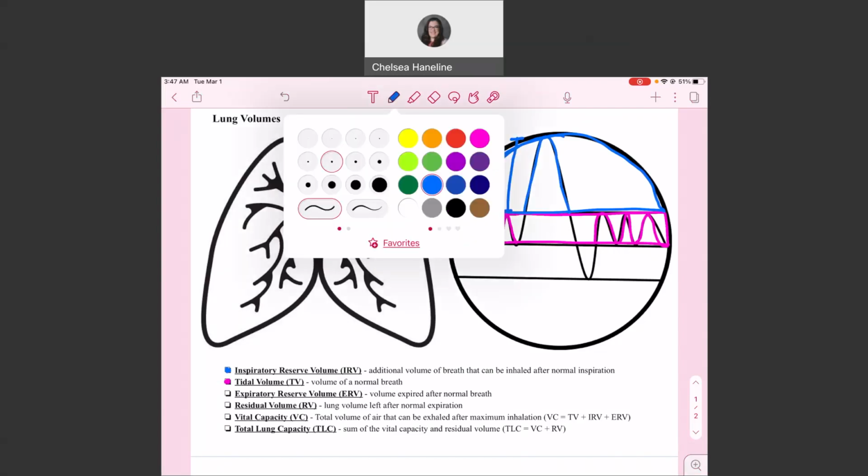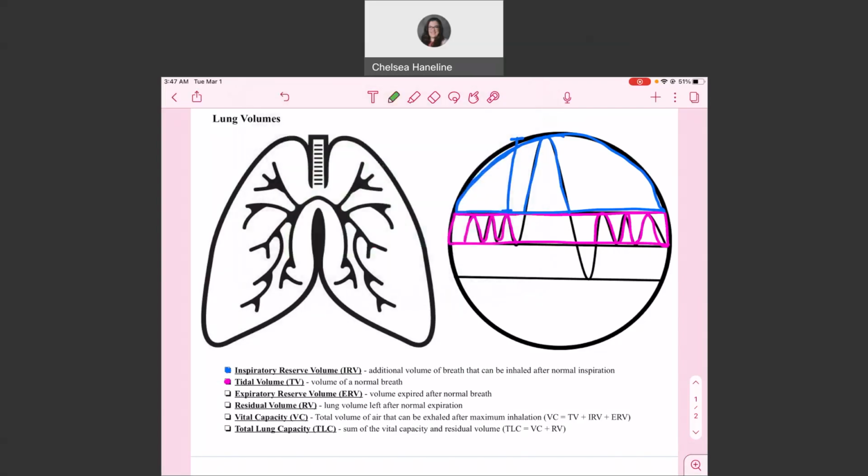Then, obviously, we breathe out in the opposite direction too, which is called our expiratory reserve volume. Our expiratory reserve volume is the volume expired after a normal breath. If you breathe out normally and then push everything out of your lungs that you can, that extra is your expiratory reserve.